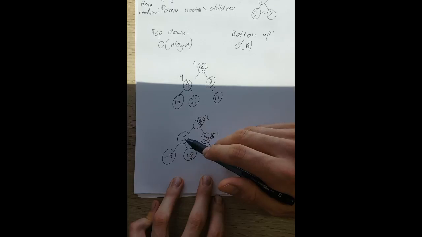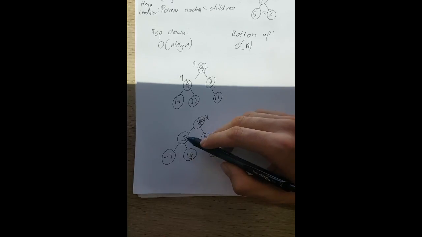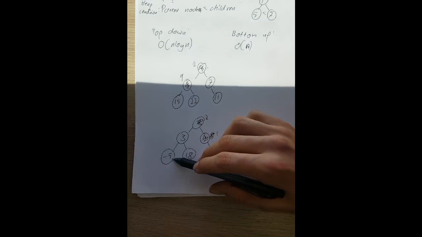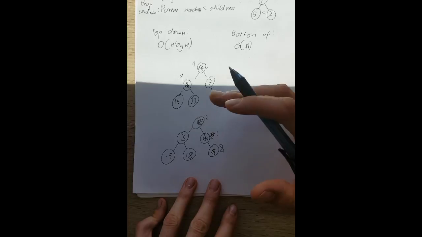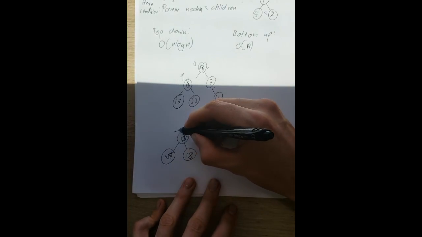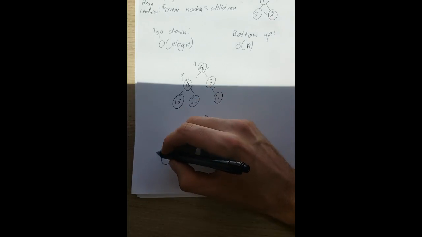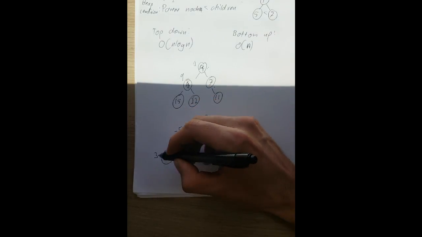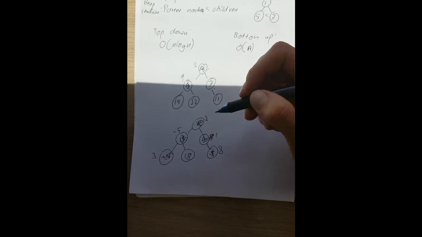Okay, is 2 less than all of its children? Yes. Is 3 less than all of its children? No, because -5 isn't greater than that, so all we do is switch it out. Yep.